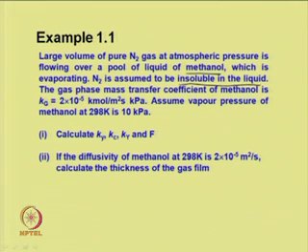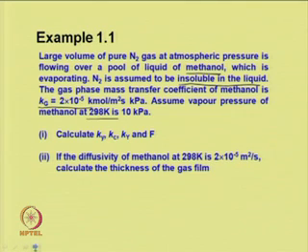The gas phase mass transfer coefficient of methanol is given. Assume the vapor pressure of methanol at 298 Kelvin is 10 kilopascal. Calculate Ky, K small y, Kc, K capital Y and F. And the second problem is, if the diffusivity of methanol at 298 Kelvin is 2 into 10 to the power minus 5 meter square per second, calculate the thickness of the gas film.